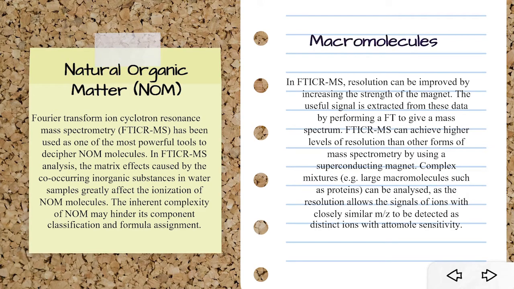Next, FTICR can be used for macromolecules. In FTICR-MS, resolution can be improved by increasing the strength of the magnet. The useful signal is extracted from this data by performing a FT to give a mass spectrum. FTICR-MS can achieve a higher level of resolution than other forms of mass spectroscopy by using a superconducting magnet.